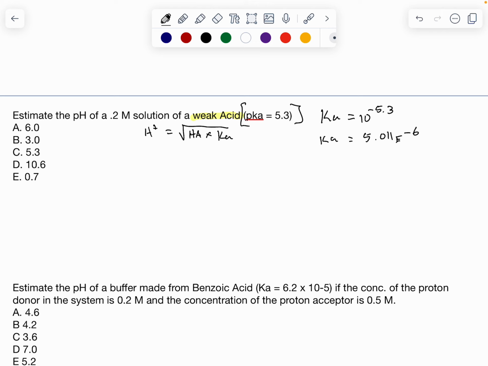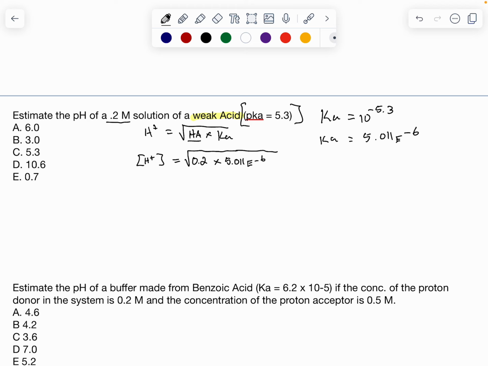So now we have our Ka, so now we can proceed with the question. We also see that we have a 0.2 molar concentration, so that fills that HA variable right there. So let's plug some of these variables in. Hydrogen concentration is equal to the square root of 0.2 times 5.011 e to the negative 6.